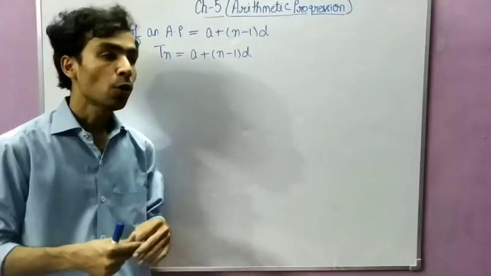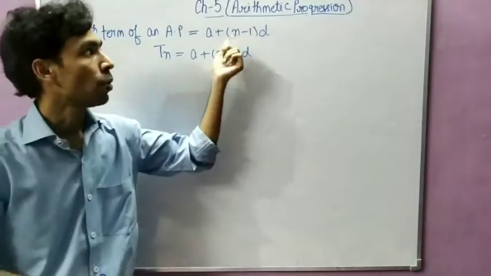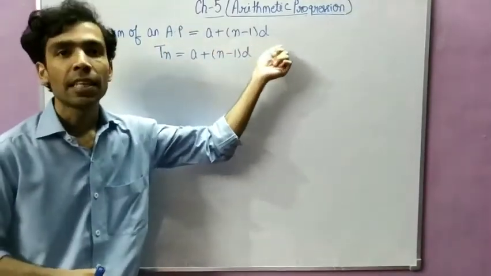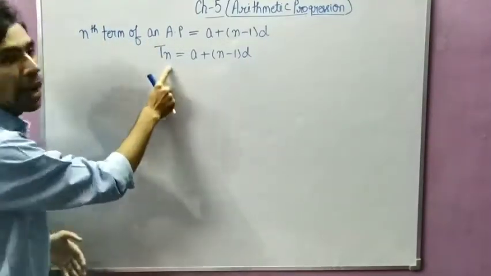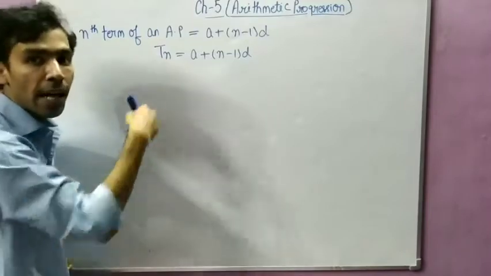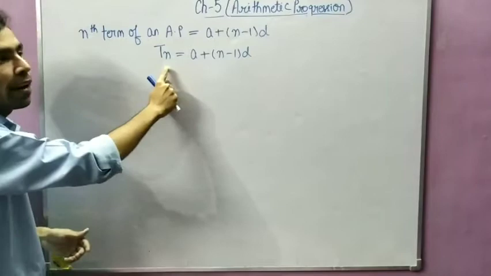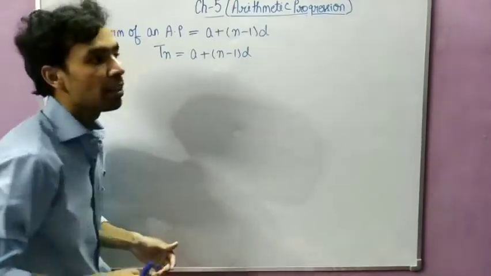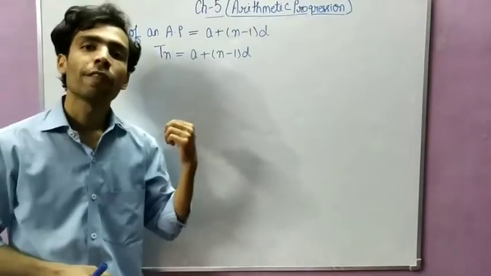I told you the formula of the nth term of an AP, which is A plus (n minus 1) D, and the nth term can be represented as Tn, T for term and n. So this is known as the nth term, and the formula will be A plus (n minus 1) D.